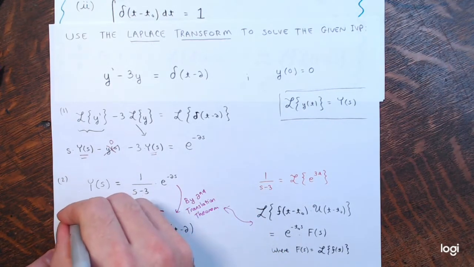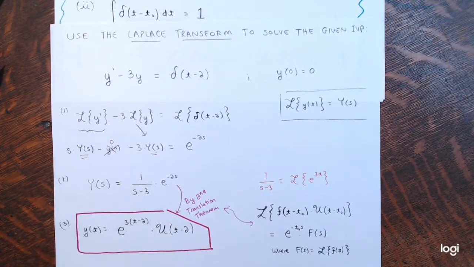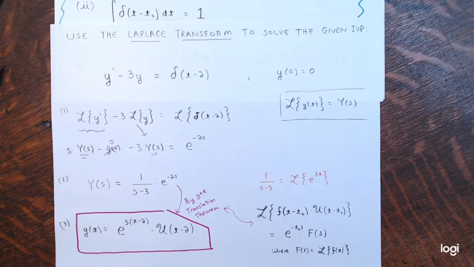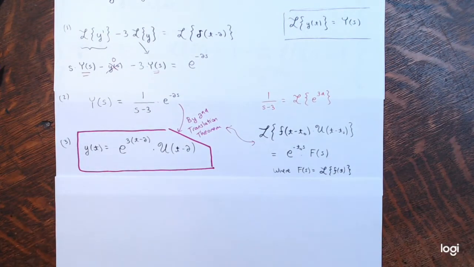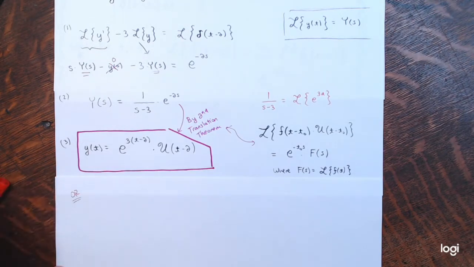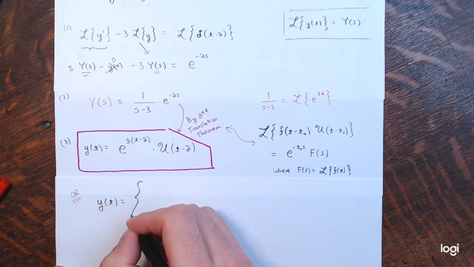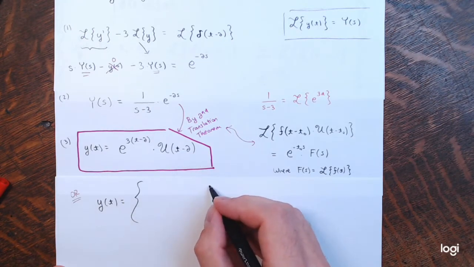This is a perfectly valid way to describe the solution of our differential equation, of our initial value problem. Now you could also re-express these functions involving unit step functions. You could express it this way: y of t equals, and this will be defined differently, from 0 to 2 and then beyond 2.